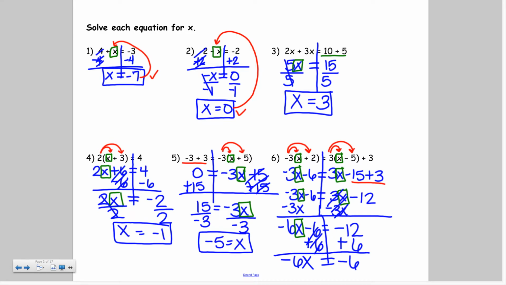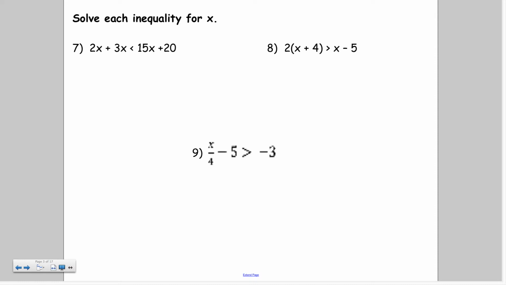Next, I'm going to divide by negative 6. When I do that, that cancels and leaves me with x is equal to, and a negative over a negative gives me a positive, and 6 over 6 is 1. All right, so that's solving out for x. Now let's go on to the next ones.